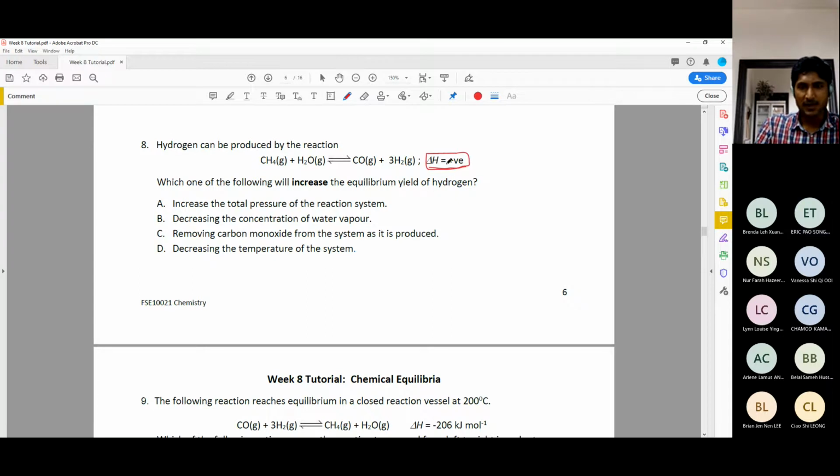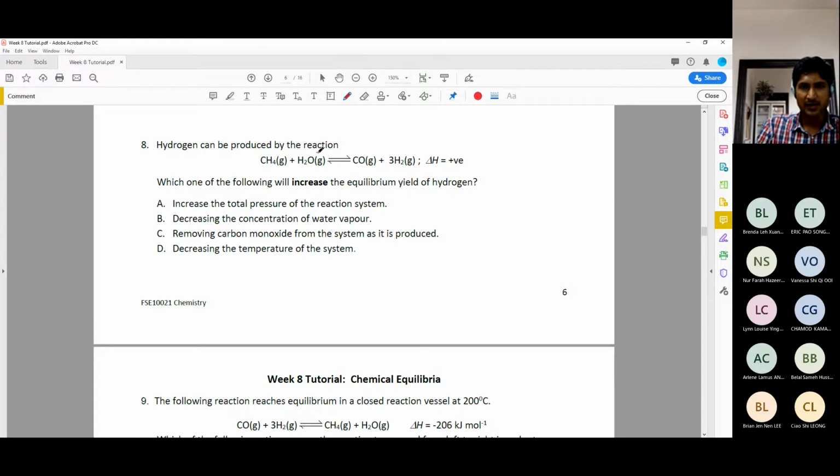So that means when del H is positive, this positive value is here. We are adding whatever positive or negative to the reactant side. So when del H is positive, that means we are providing heat, and that is why it is endothermic. If it is an exothermic reaction, however, it will be negative.